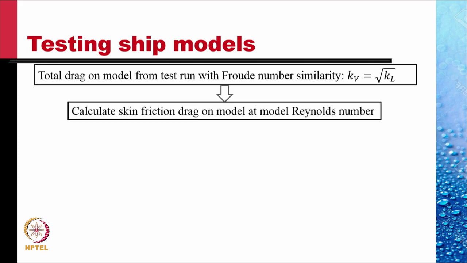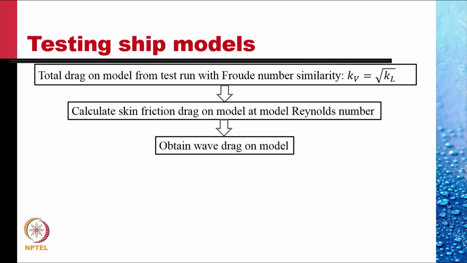Then calculate the skin friction drag on this model at the Reynolds number of the model. Determine at what Reynolds number the test was run and calculate, using the flat plate formula, the skin friction drag on the model. We subtract this skin friction drag from the total drag to obtain the wave drag on the model.